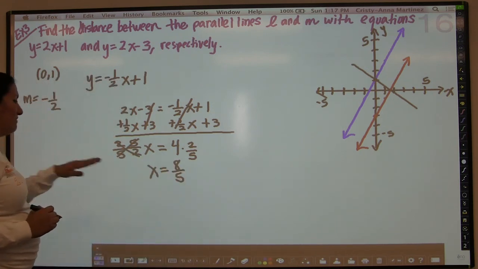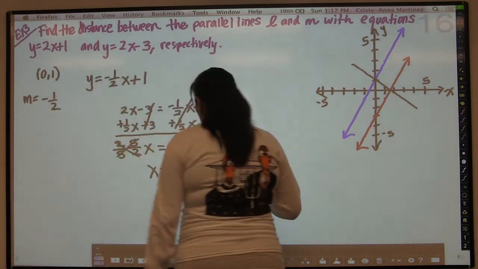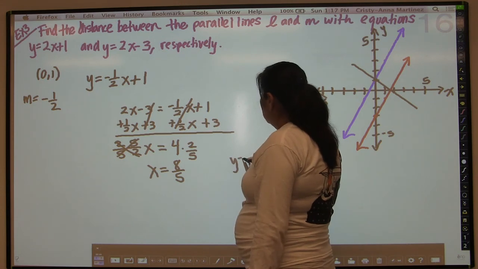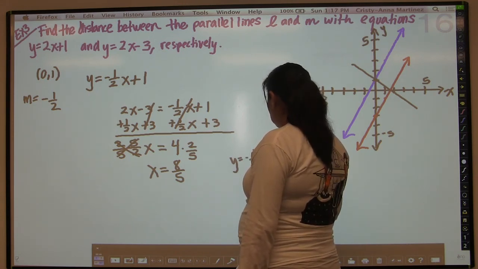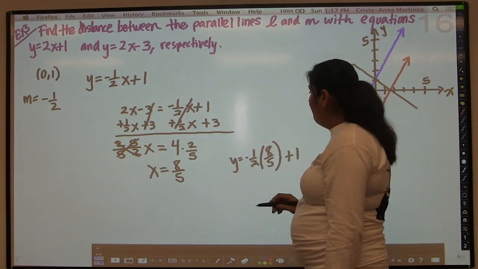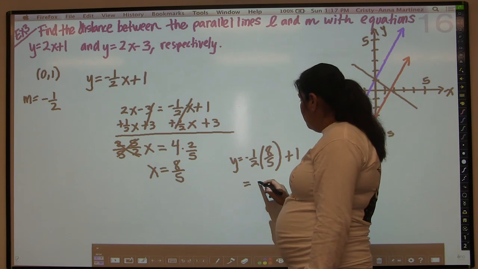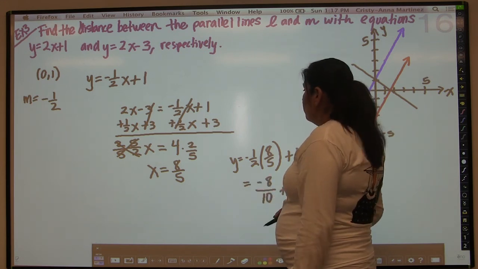Okay, once I find my x value, I can go back and find my y value. My y value is going to equal negative 1/2 times x, which we just said was 8/5, plus 1. So that's going to be negative 8 over 10 plus 1.